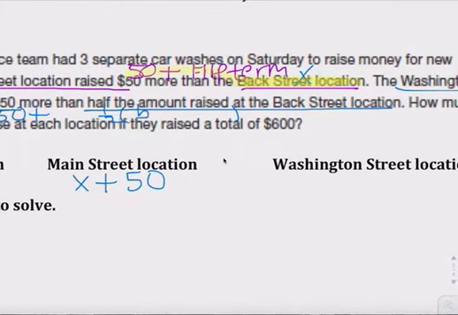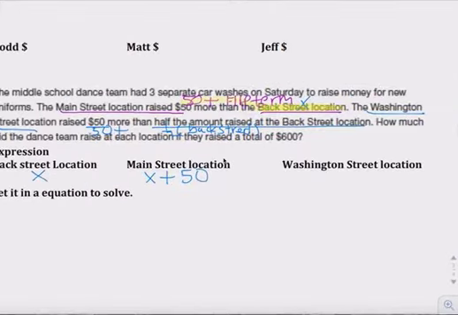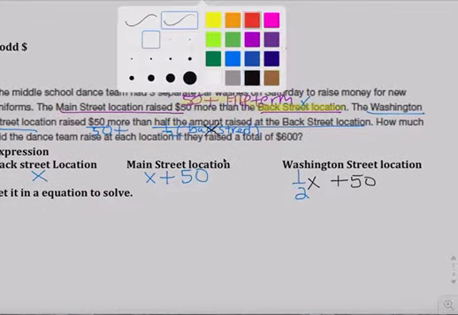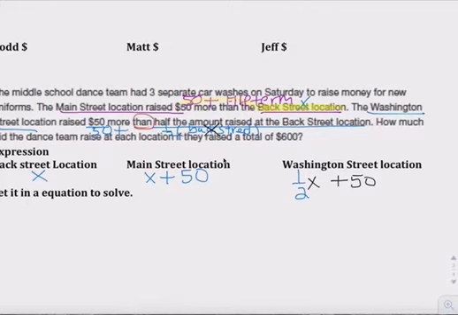So Back Street is X. So it's 1/2 X, where Back Street is the variable X. So we put X there plus the 50. Why did we flip this and not 50 first? Because of this word than. Than means to flip the terms.